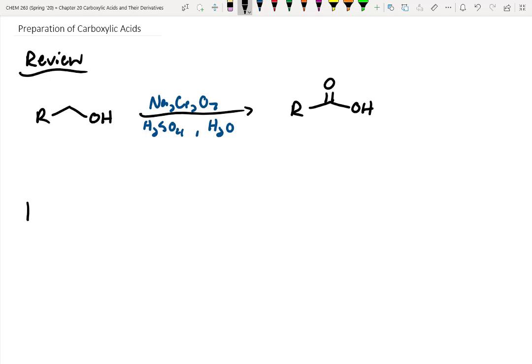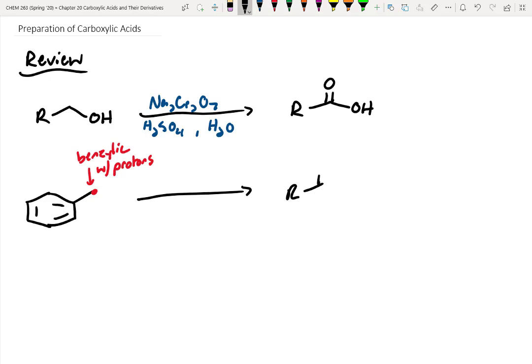All right? The next reaction uses similar reagents. If you remember at the end of last term, we said if you have a benzylic carbon like this with protons, you can actually oxidize any benzylic carbon, even if it's an ethyl or isopropyl group, into a carboxylic acid as well. And we can go ahead and draw this out really quick. You could use the chromic acid reagents shown above.